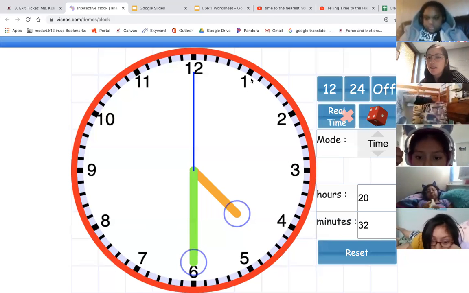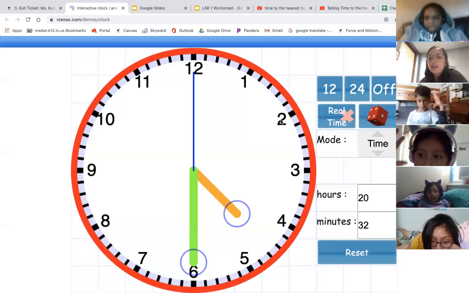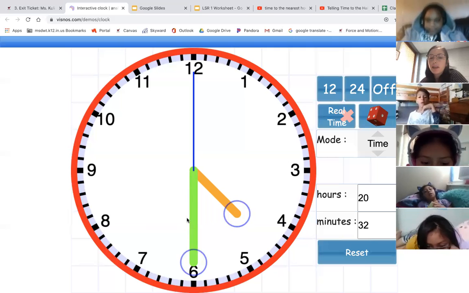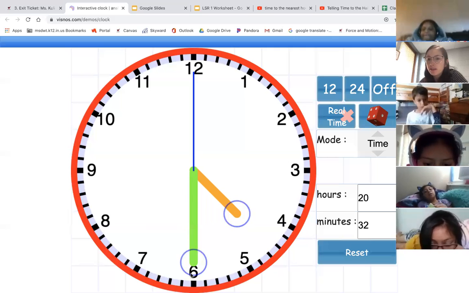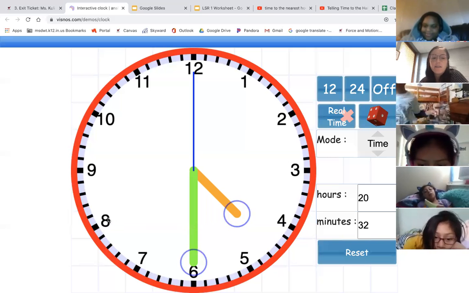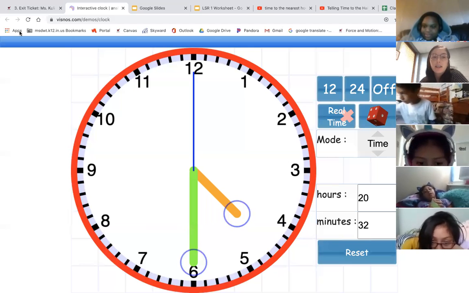So if I count by 5, everyone count with me. Don't turn your mics on, just count with me, okay? 5, 10, 15, 20, 25, 30. So we know anytime the big hand is pointing to the 6, that means 30. Continue with me. 35, 40, 45, 50, 55, 60.